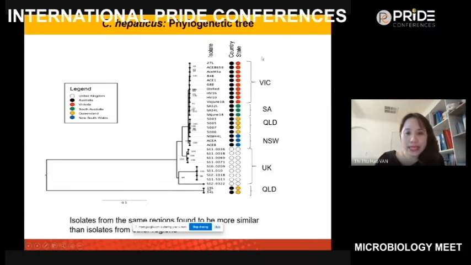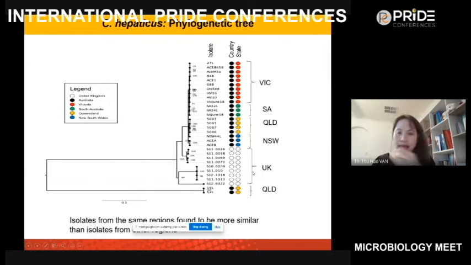So we did the tree, and we collected samples from different states: Victoria, South Australia, Queensland, New South Wales, all states in Australia. They form a separate clade here. They group together, and we also have the genome from the UK.